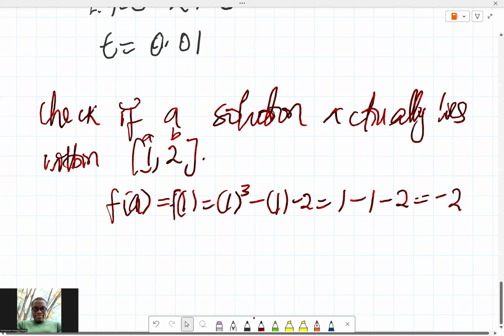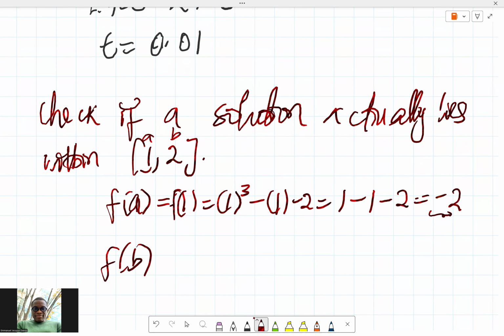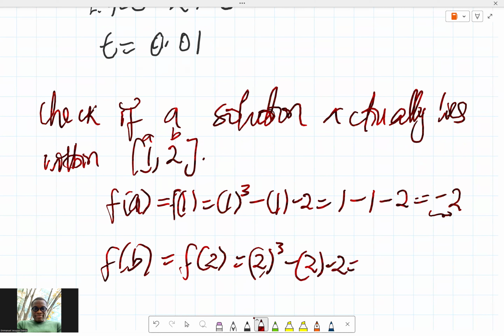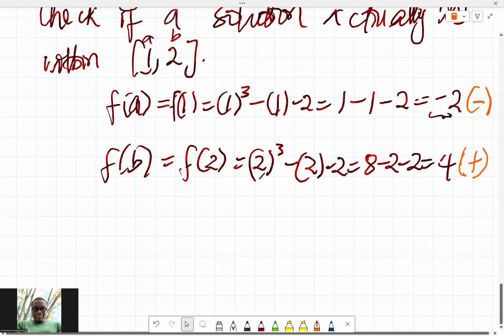Take note of the sign. The sign is negative. Then you have f of b, which is f of 2, which is 2 raised to power 3 minus 2 minus 2. So that is 8 minus 2 minus 2, which is 4. So you see, this is negative and this is positive. Because the signs are different, it automatically means that a solution lies there. If the signs are the same, then no solution lies there.